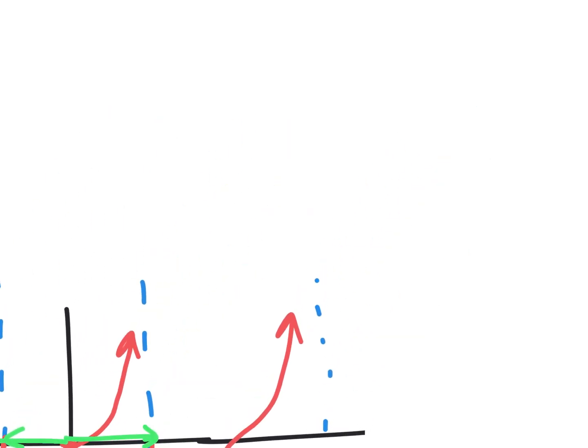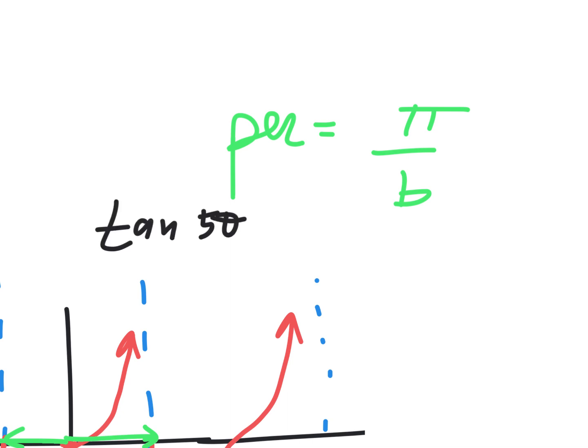So I kept giving you this formula. Period is 2 pi over b. But that was temporary, only worked until now. Because now the period's pi over b. So if you squeeze something into tangent, like tangent of 5 theta, then you'd say its period would have been pi, but that 5 changes it to pi over 5.